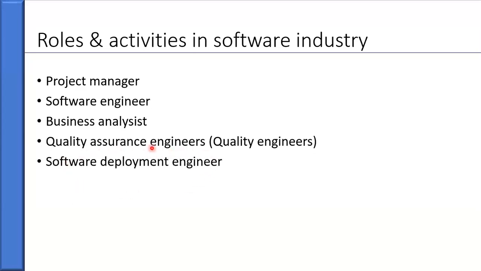Then the software deployment engineer. Now think we have developed a complete software internally by the internal team. Now the software should run in the real world, or be accessible to everyone if you have authority.